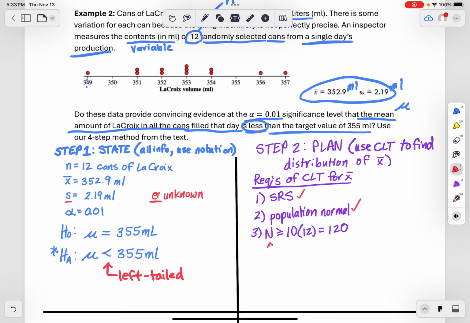So I'd imagine all the cans produced in one day would be greater than or equal to 120 cans. I think that would work. So make sure you tell me that you know what the population is. It's all the cans produced in that day.